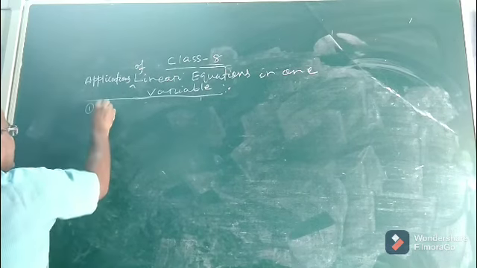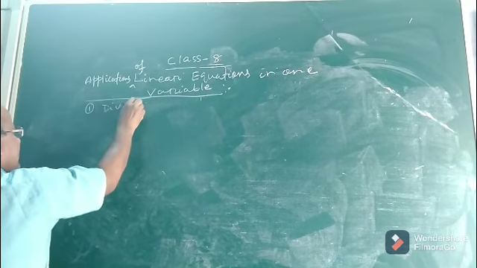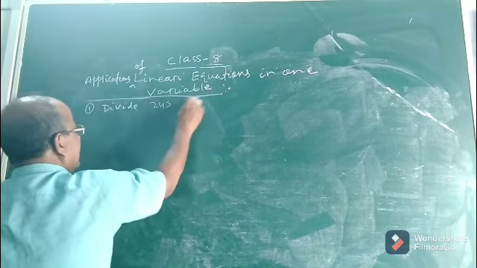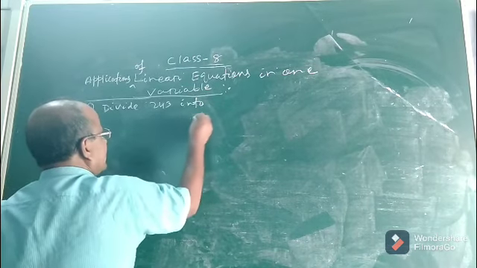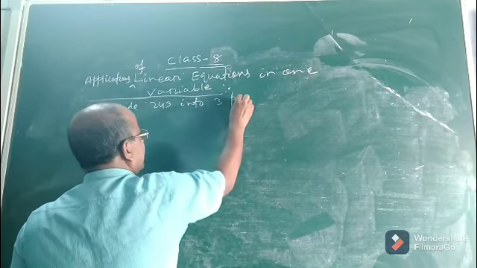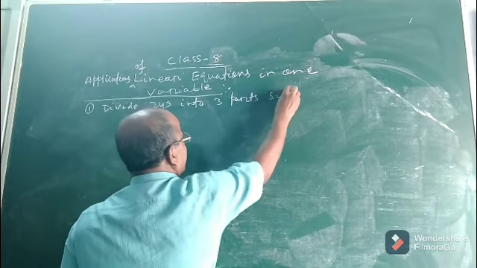Suppose the question is: divide 243 into 3 parts such that, what is the condition?